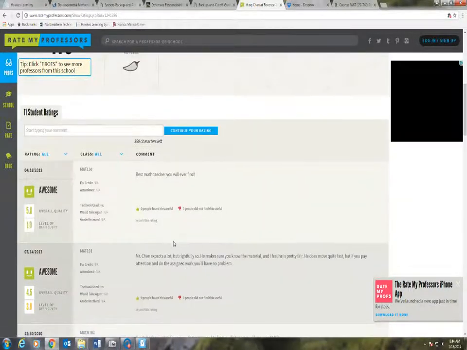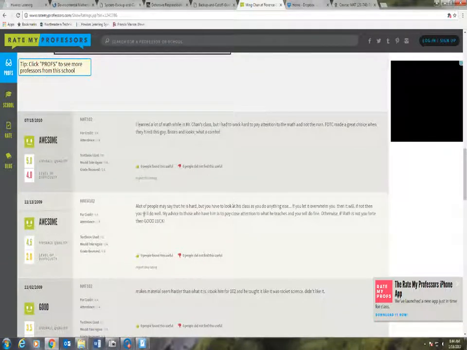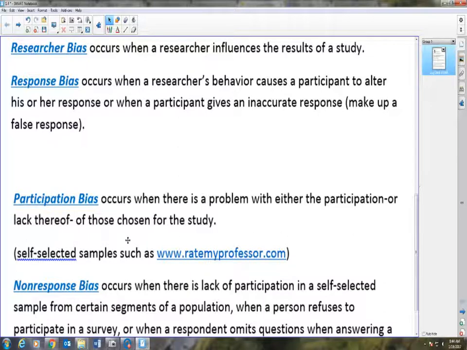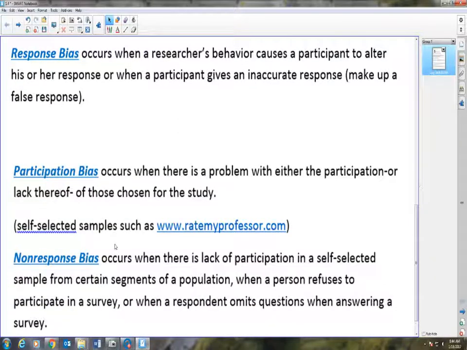you can read up on it. This is self-selected because the student wants to write something about Mr. Chan, so they do the survey. That is called participation bias, because they choose for themselves to do it.